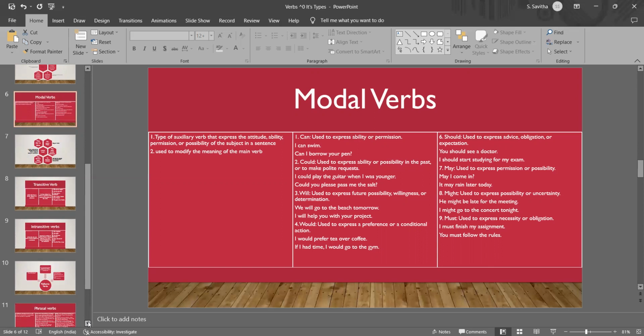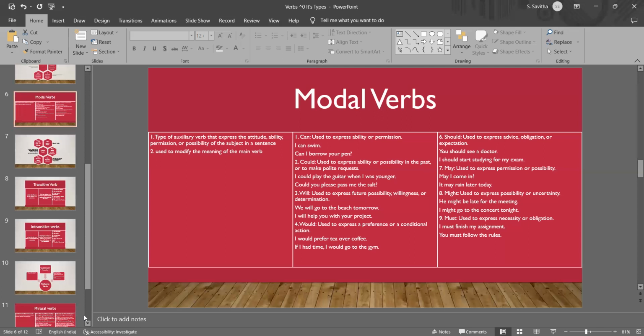Will is used to express future possibility, willingness, determination. Then would is used to express a preference or a conditional action. Then should is used to express advice, obligation, and expectation.